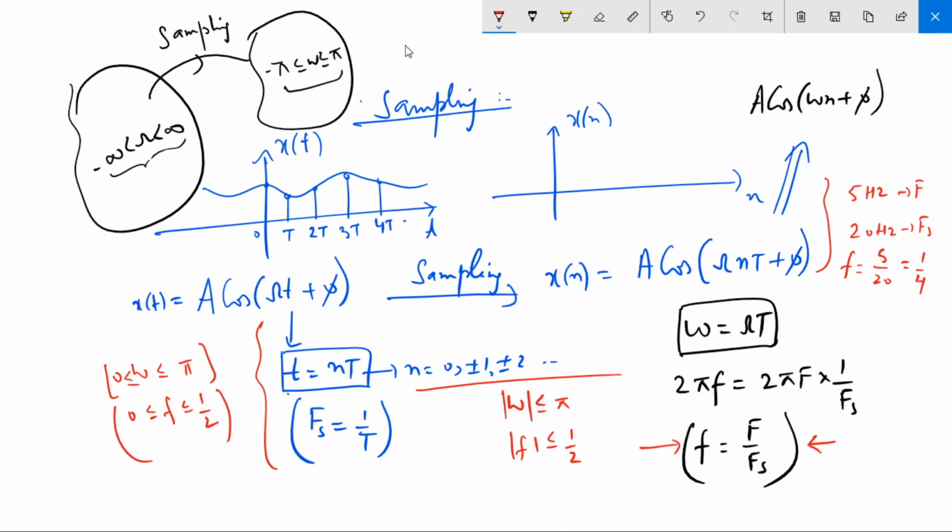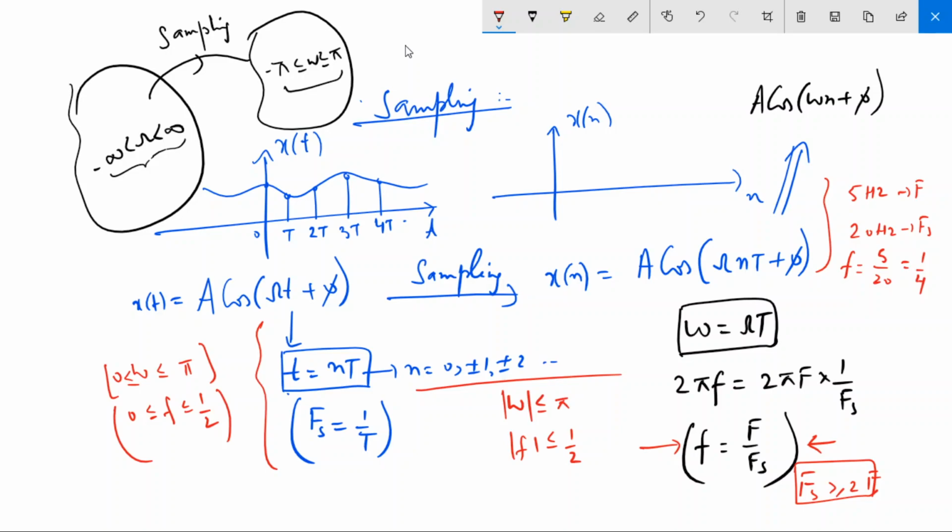So what should be the maximum value of f for a given fs, so that f is less than 1 by 2? So that fs should be greater than or equal to 2f. Because when the sampling frequency is just equal to 2f, your f will become 1 by 2 or omega will become pi. You will get the maximum frequency. If you choose fs higher than 2f, this f will always be less than 1 by 2.